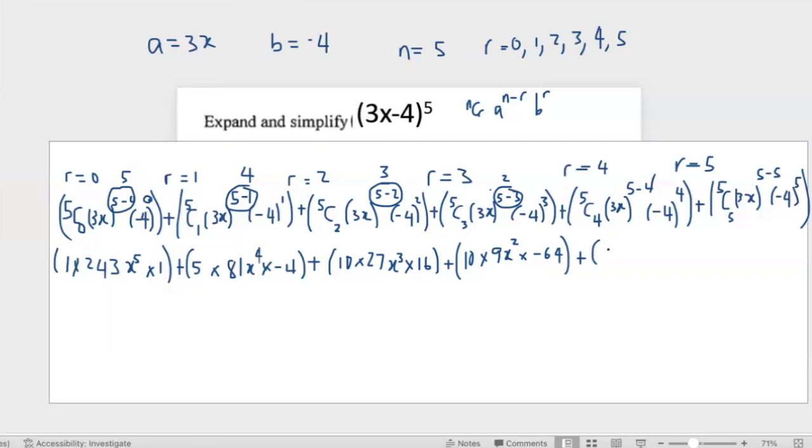5C4, that's 5. So I have my 5 here. And then we have 5 take away 4, that's 1. So 3x to the 1 is 3x.